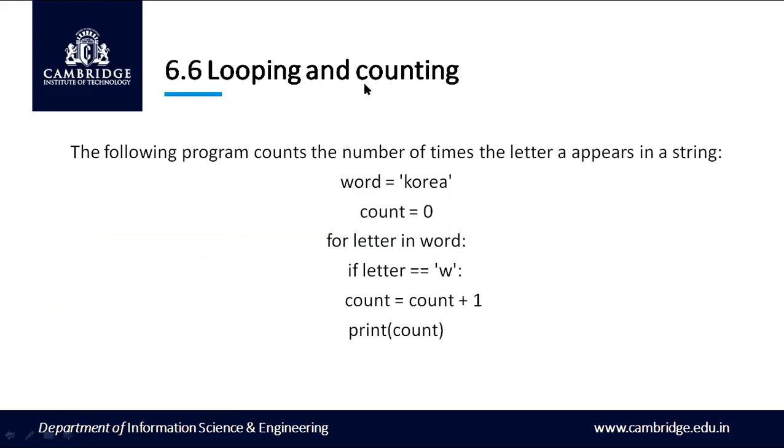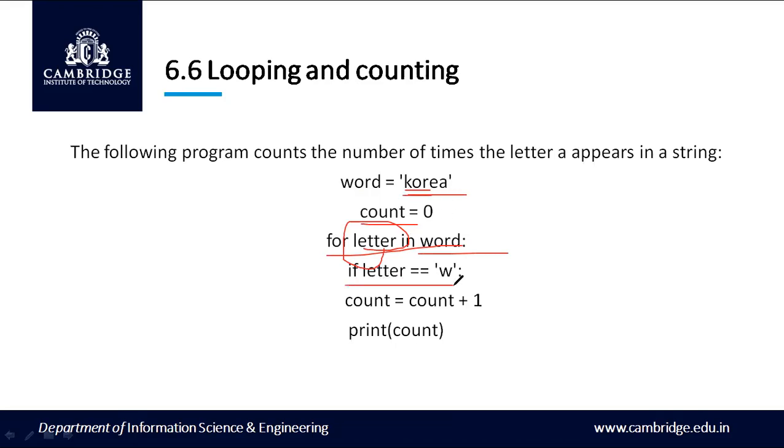So here is an example. We have the string Korea here, and we have taken a temporary variable, count, which is initialized to 0. The for loop is used for traversing each and every character in the string. Here letter is the iteration variable for this string.